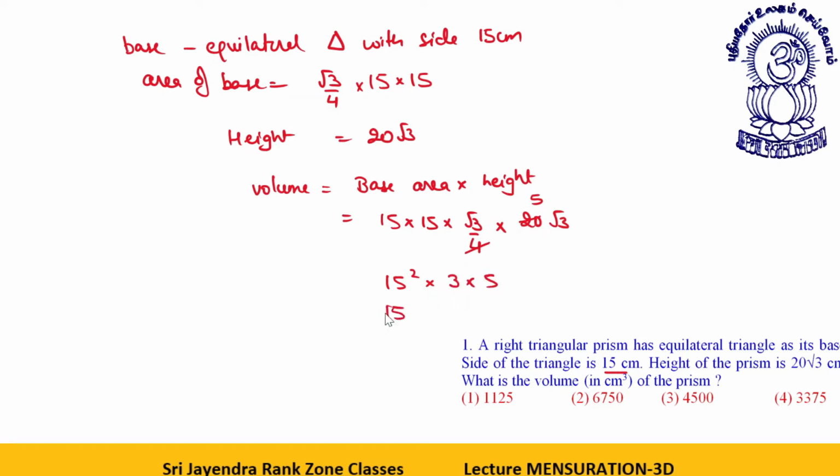This is 15 square into 15, or 3375. This is actually 15 cube. The value of 15 cube is 3375. Option number 4 is the answer. Let's take the next one.